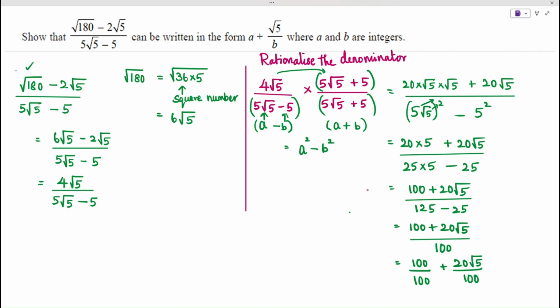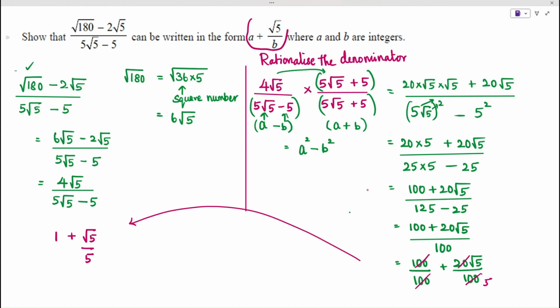And so we can simplify our fractions. 100 divided by 100 is 1, and 20 over 100 gives us 1 over 5. And so you can write it in the final form as 1 plus root 5 over 5. And as we can see in the question, it forms the same format as a plus root 5 over b.